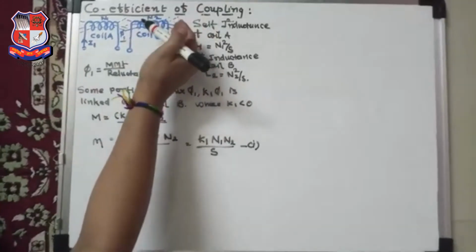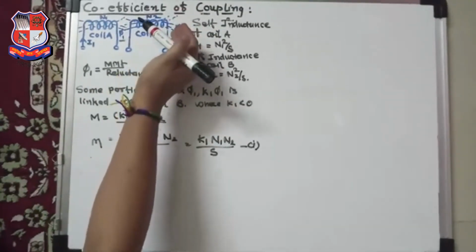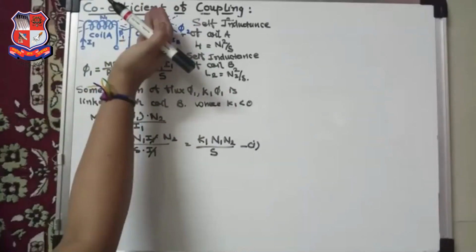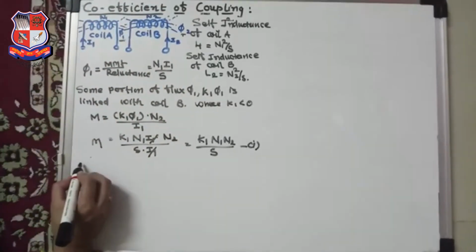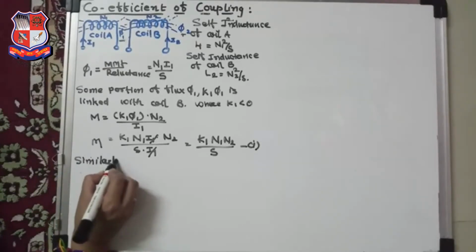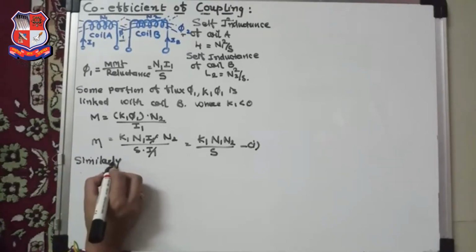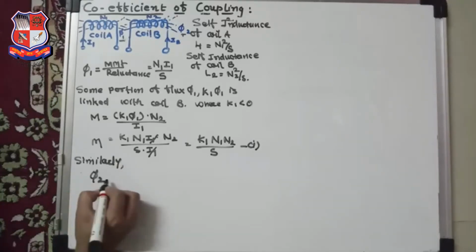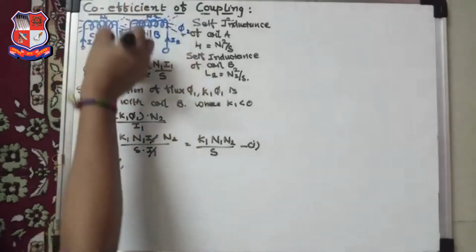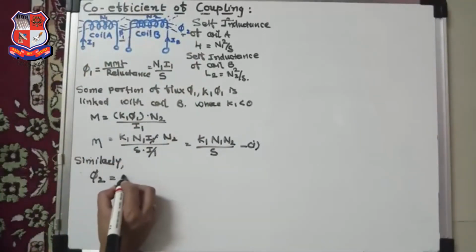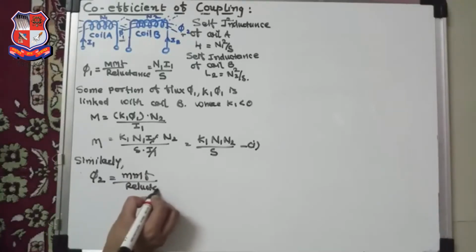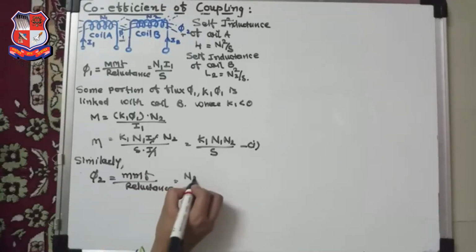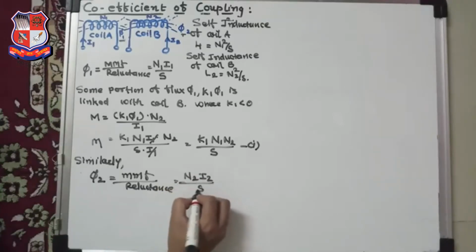Phi2 is given in the same way by MMF upon reluctance, that is N2 I2 divided by S.